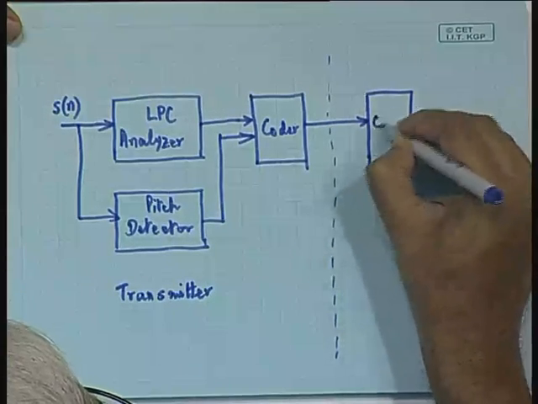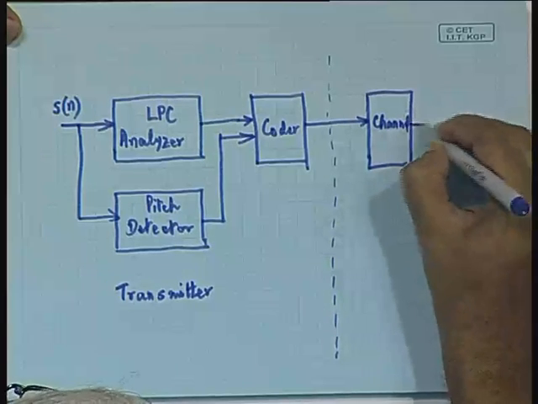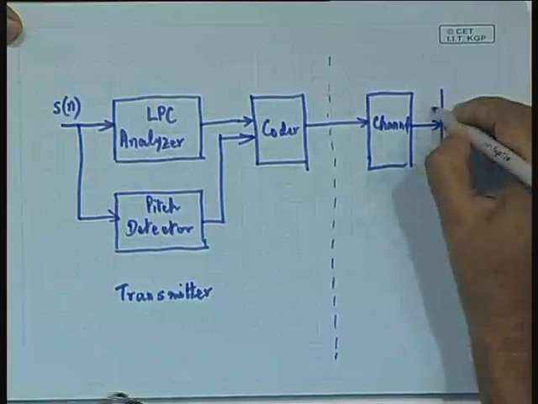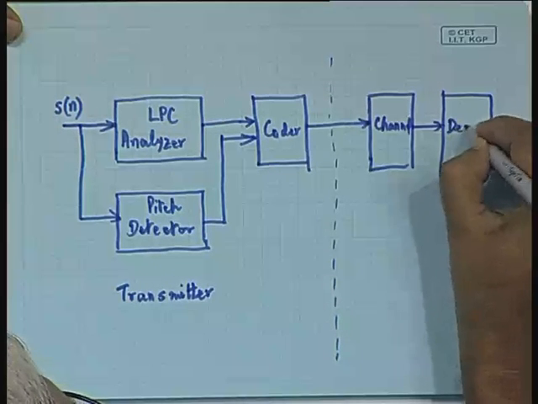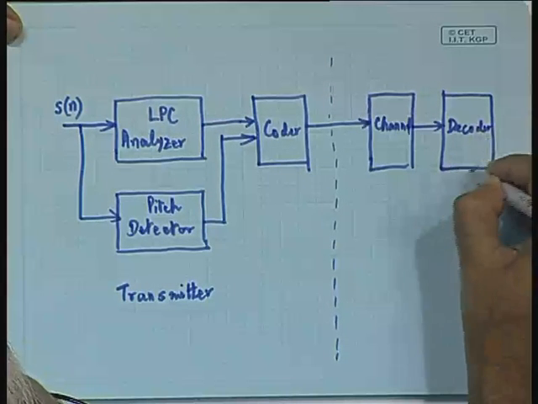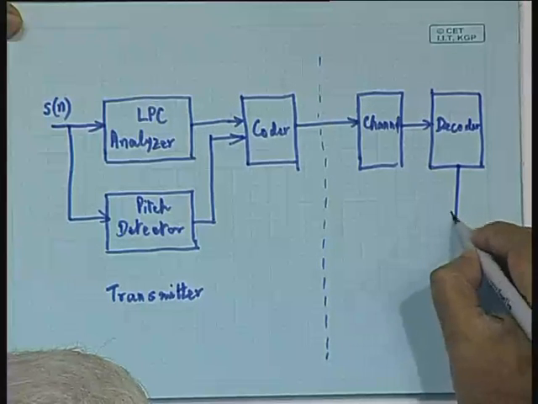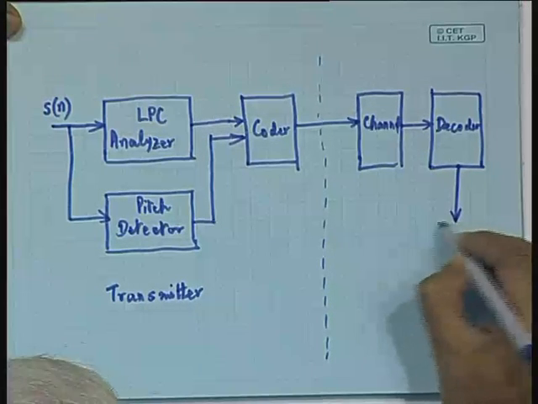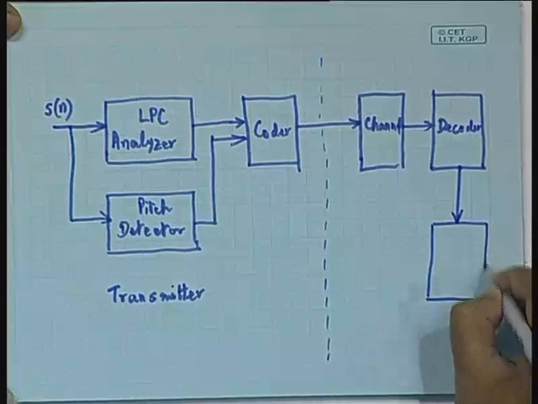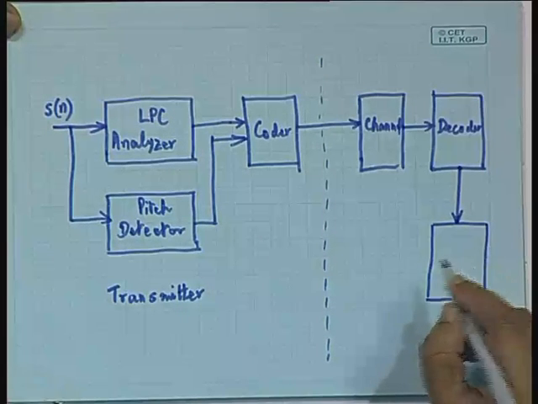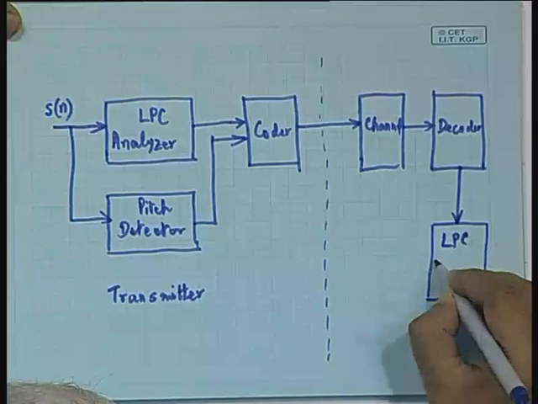This will be followed by the channel, and after the channel we are going to have the decoder. I am drawing it this way since I can't go any further on that side. After the decoder we are going to have the LPC synthesizer.